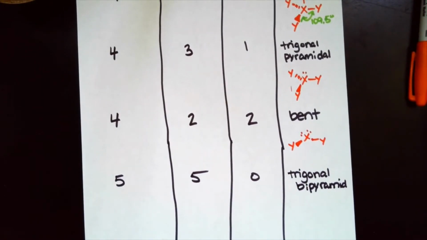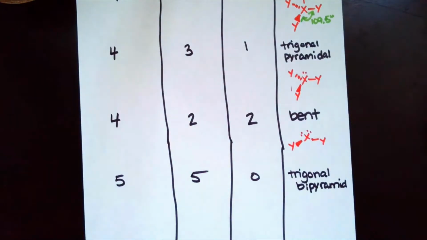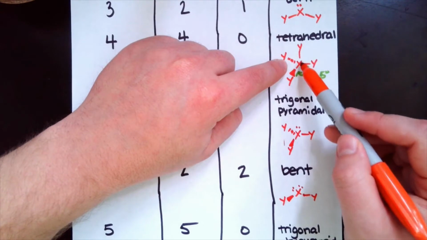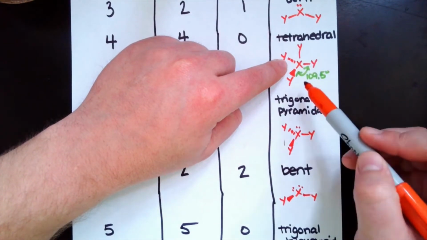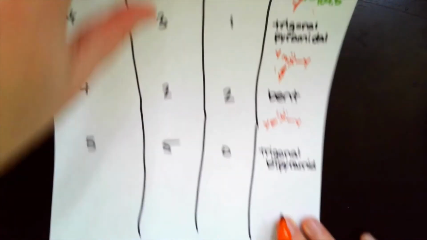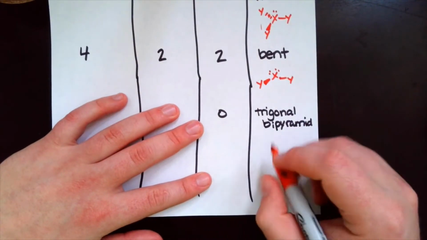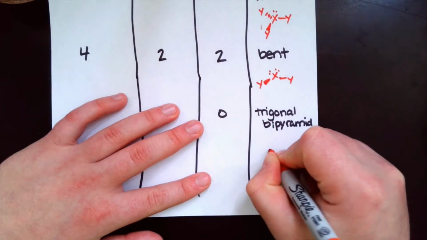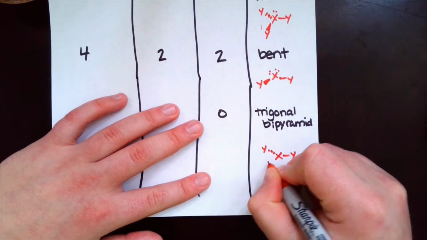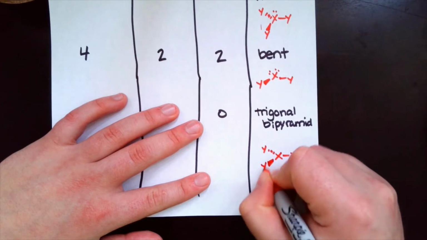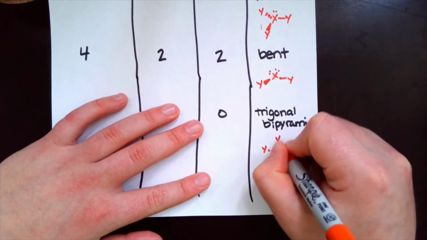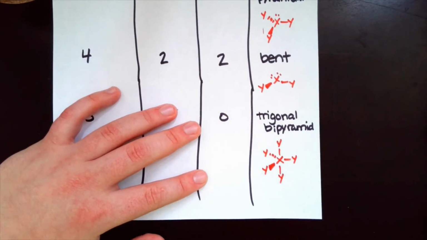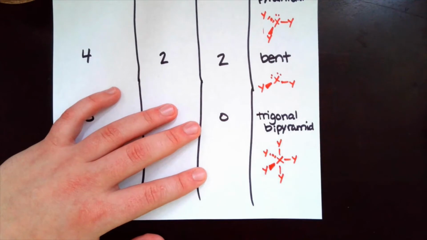Now what this looks like is it's similar to tetrahedral, but basically if you put another bond going straight down, I should specify. So we got that's trigonal bipyramidal.